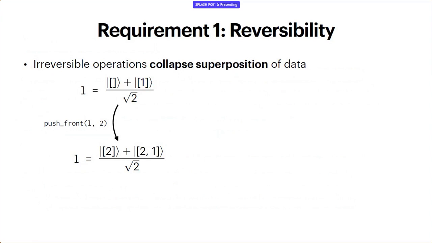The first example I'll discuss is a reversible operation. The push front operation that we just saw, where we added 2 onto the front of the list, preserves the superposition in the sense that the machine state started as a superposition and it ends up as a superposition. This is what we want.